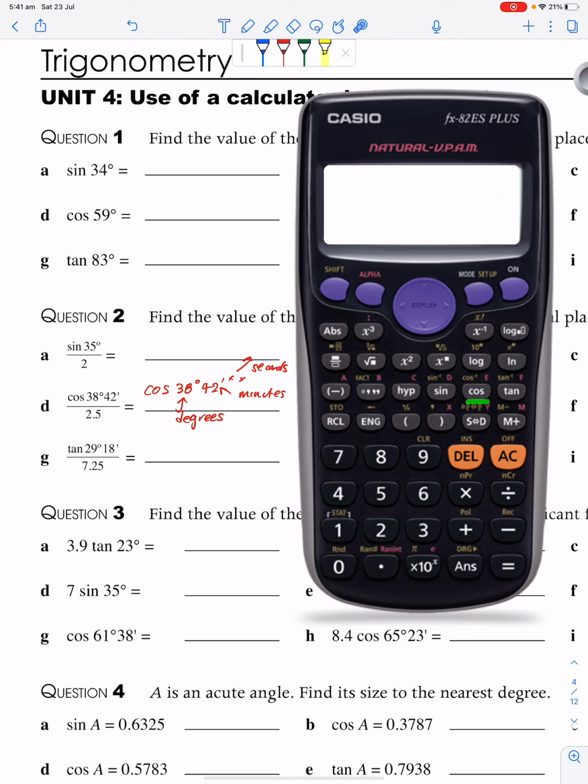You're going to press cos 38 degrees, and then you're going to press 42 minutes. And then I think the calculator opens up a bracket. You've got to close it. And then, of course, you press the equal sign. Once you get your answer for that, divide your answer by 2.5. So to start again, it's cos 38 degrees, 42 minutes equals, and then you're going to divide that by 2.5, and you're done.